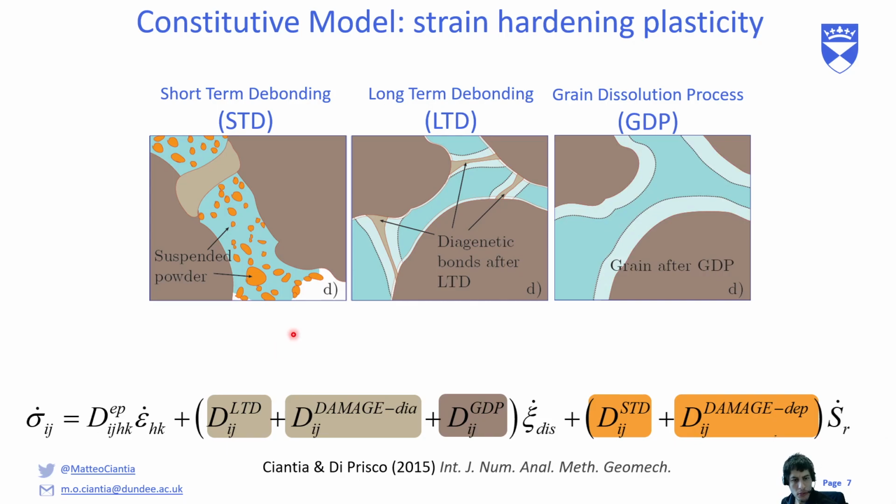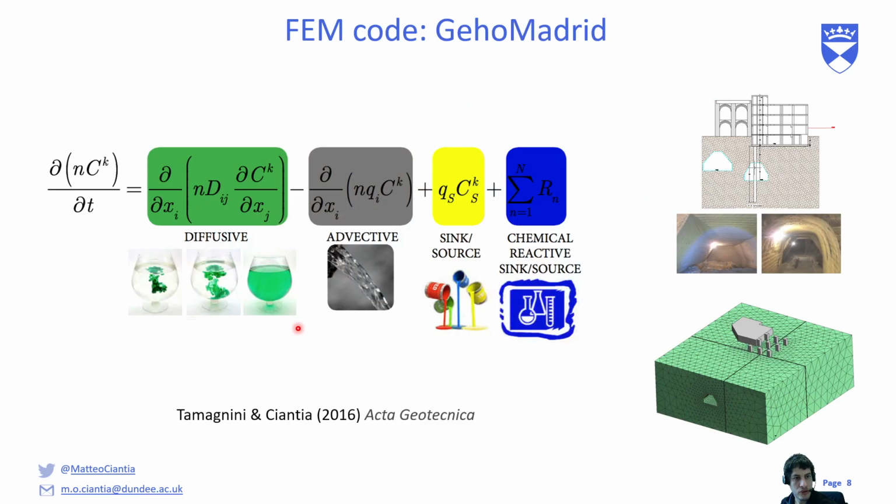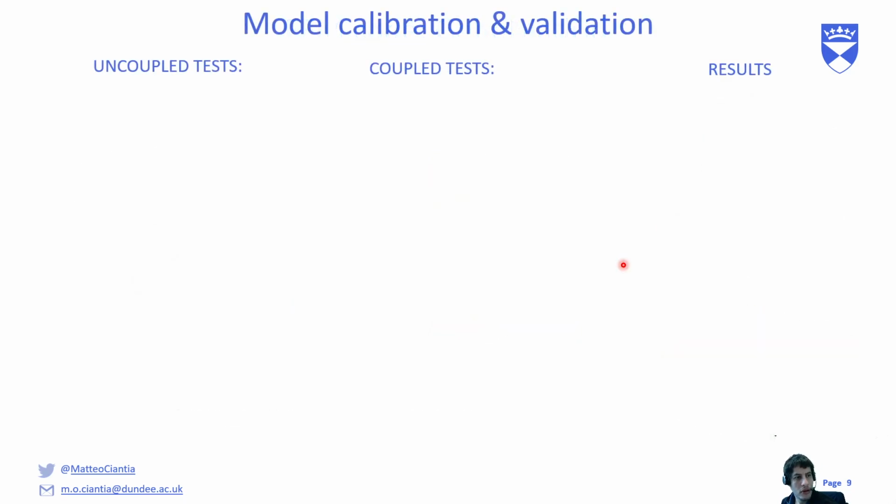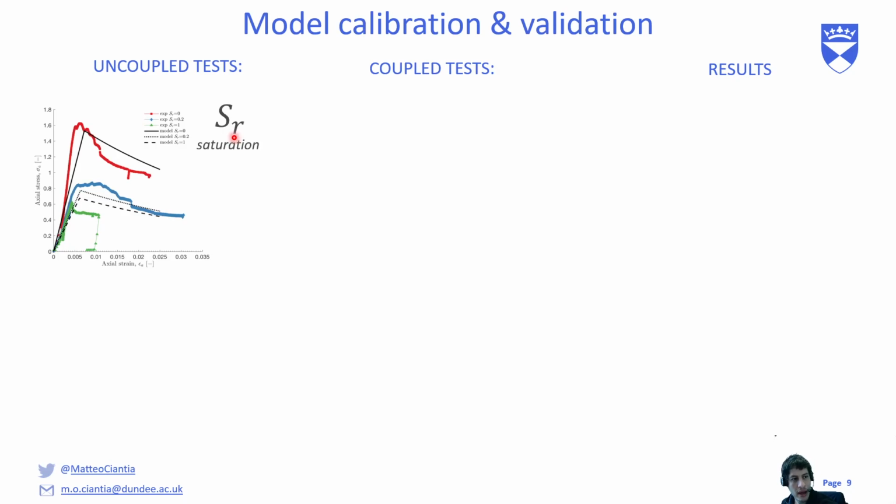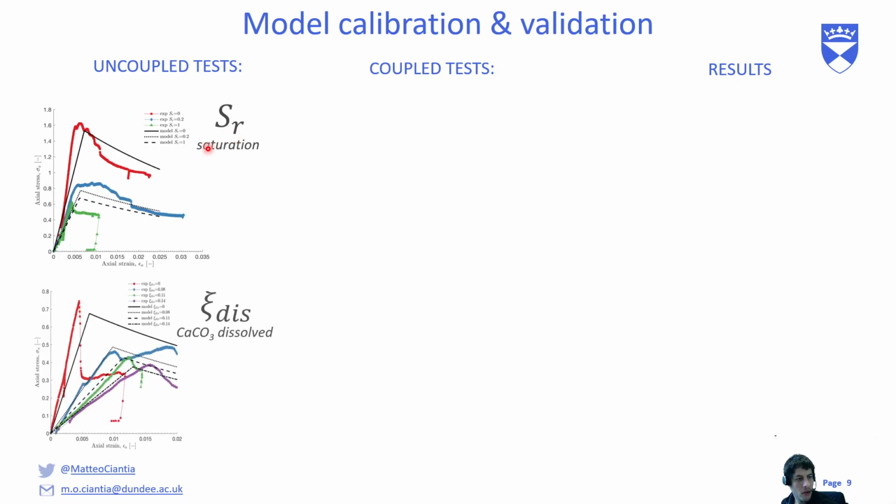The constitutive model was then implemented in an open source finite element code, allowing us to simulate boundary value problems such as a building over an abandoned mine, as you see here on the right. So how to calibrate the model? Well, you need uncoupled experiments where you test the material either in dry or saturated conditions or at different levels of pre-weathered states.